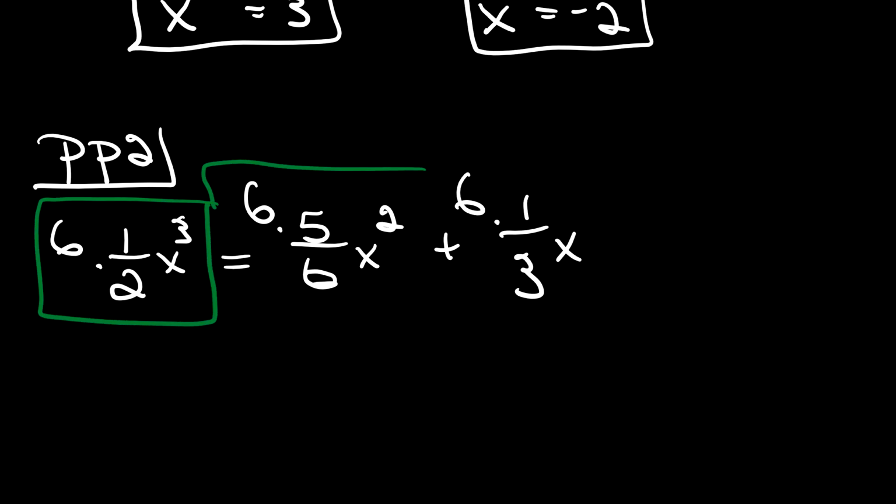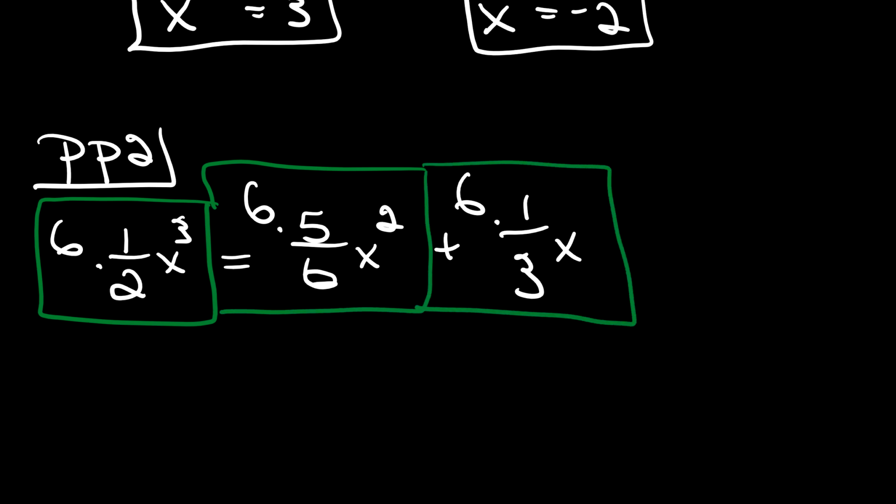Nice little package here, so we can see better what's going on inside each of the boxes, because I am simplifying that. Okay, so it's going to be 6 times 1/2. Well, that's going to give me 6 over 2, and then 6 divided by 2 is 3.